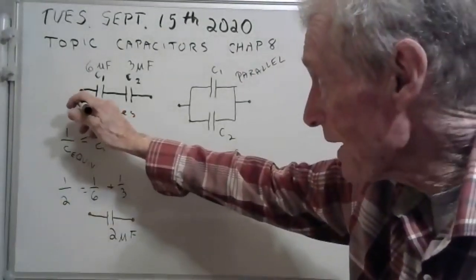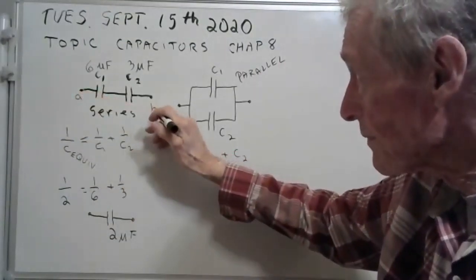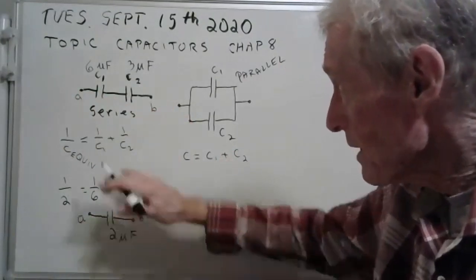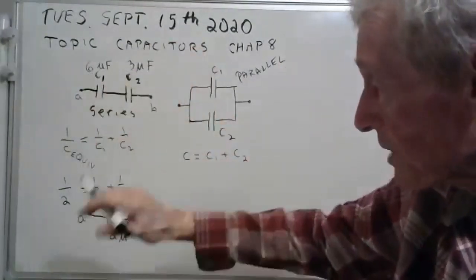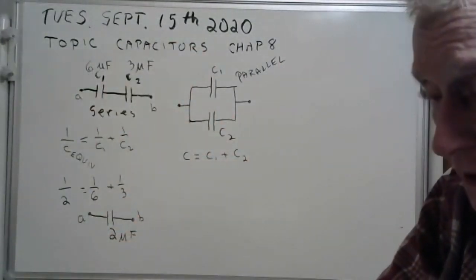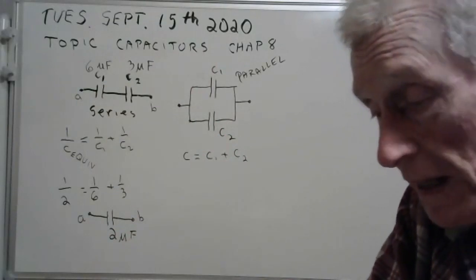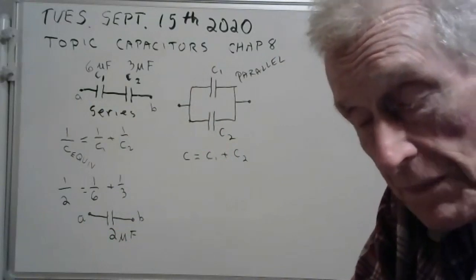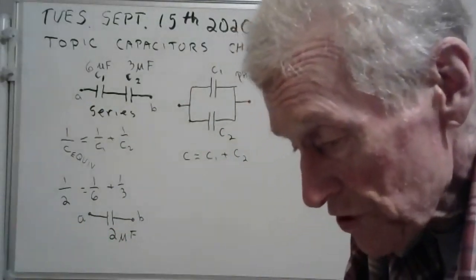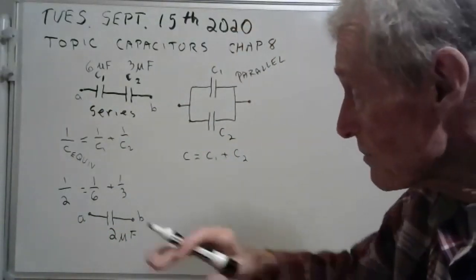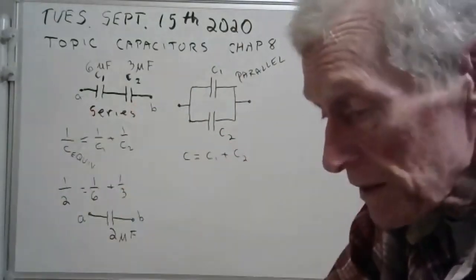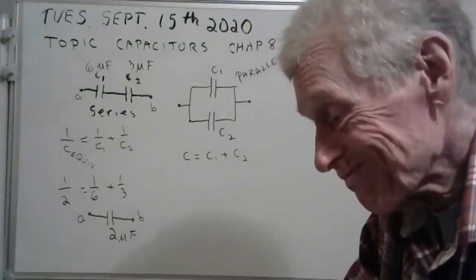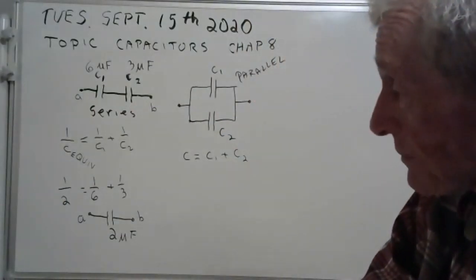They call this A and B. And this is A and B. You could take those out and replace it with a 2 microfarad capacitor, and you wouldn't be able to tell any difference. They'll store the same energy. The same charge will run in to the plates. It just behaves the same.